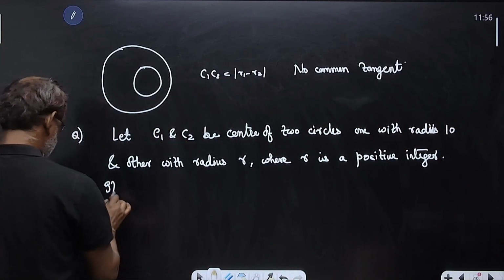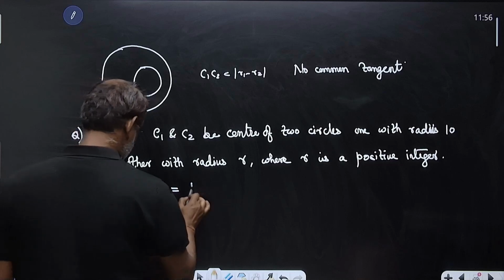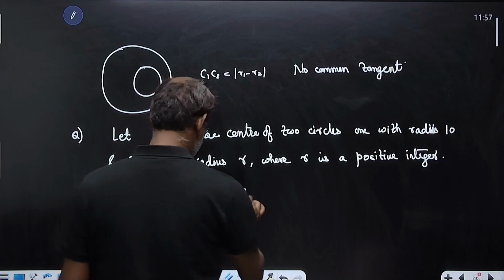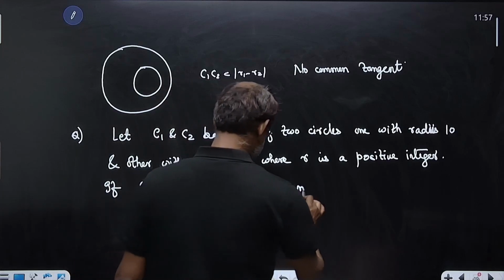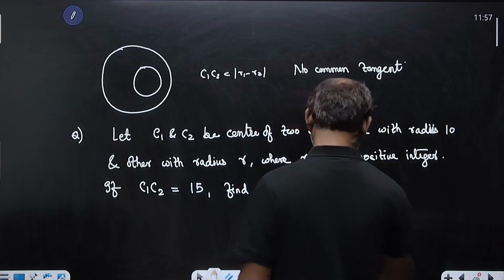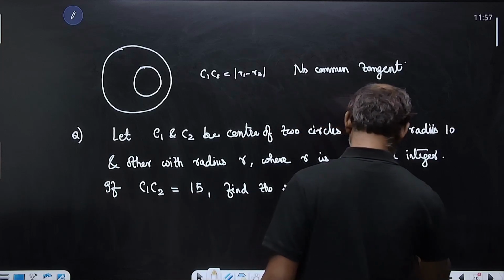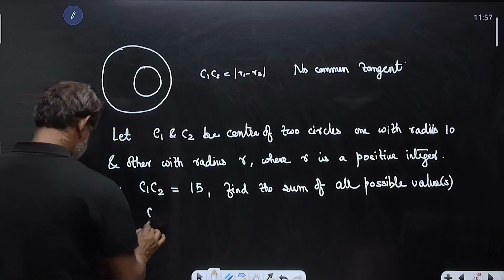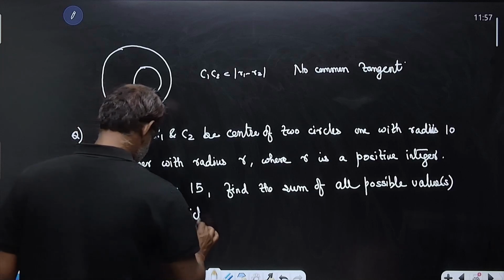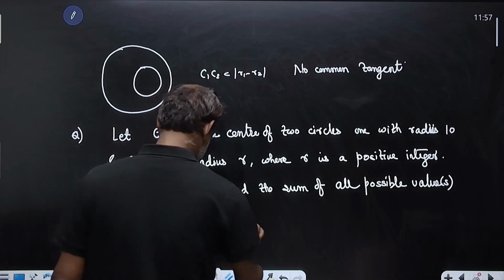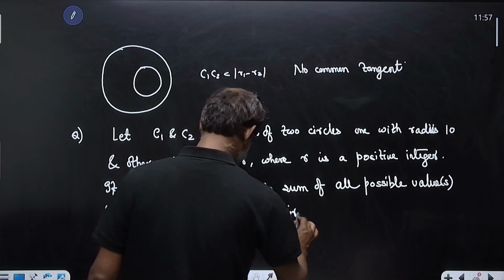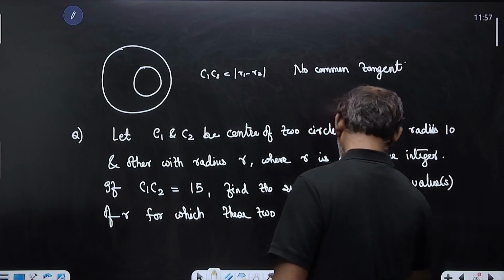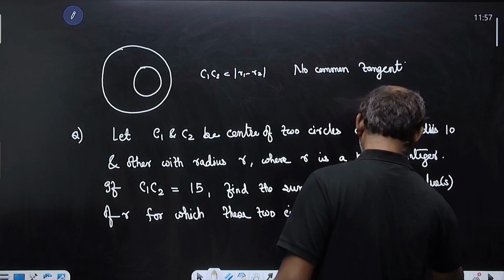If C1C2 is 15, find the sum of all possible values of r for which these two circles have a point in common.